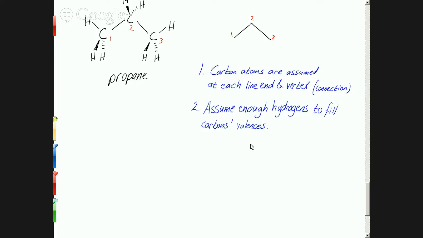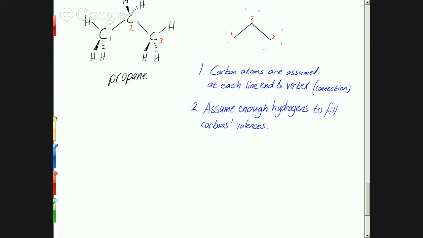So we don't draw the hydrogens in there, but we know that carbon always has to have 4 bonds. So if this carbon over here on the left has 1 connection to carbon number 2, then it must have 3 more hydrogens that are not shown to get to that 4 total. If this middle carbon has 2 connections already, 1 here and 1 here, that means it needs 2 more hydrogens to make 4 bonds. And then this one again is like the front one, so it has 1 connection to carbon number 2, and needs 3 more to fill its valence.